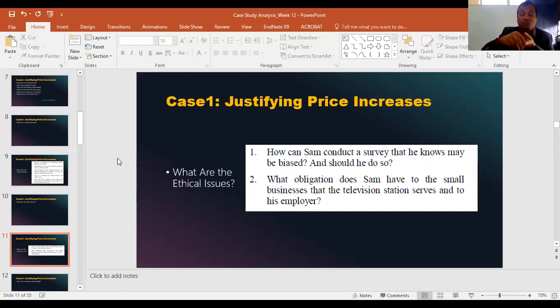But there are other issues. What obligation does Sam have to the small businesses that the television station serves and to his employer as well? The employer appointed Sam considering he is a person of integrity, right?